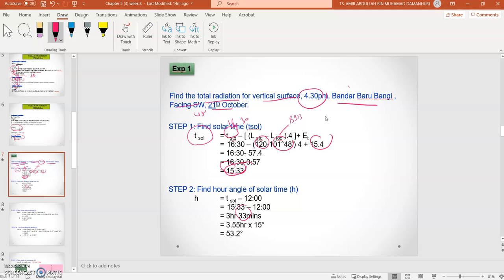So as usual, 33 divided by 60, you get 0.55 hours. So that's 3.55 hours times 15, which is quite constant.